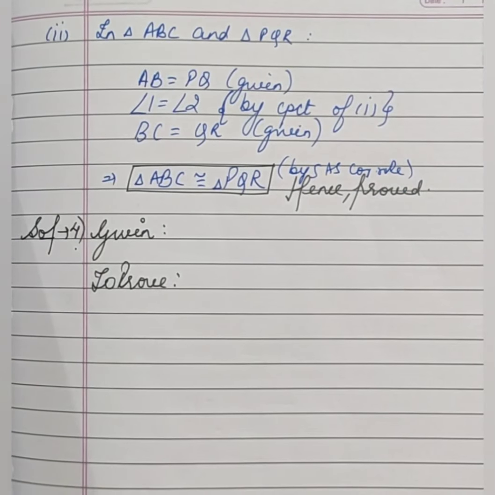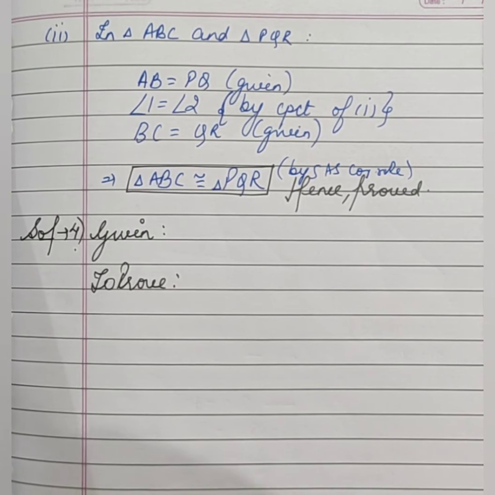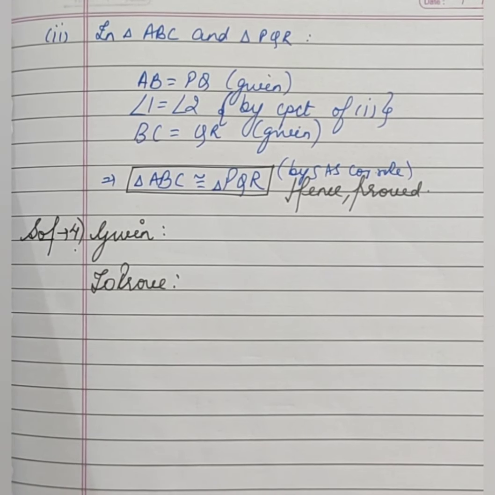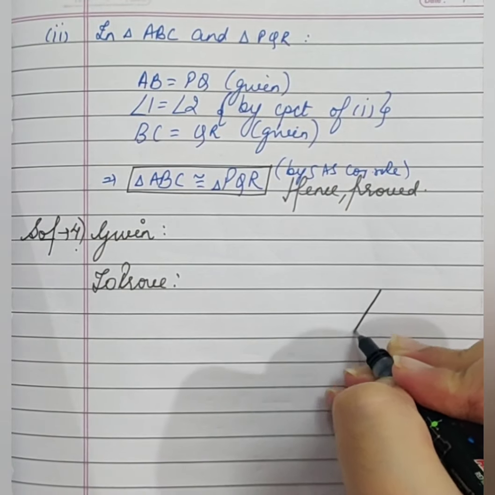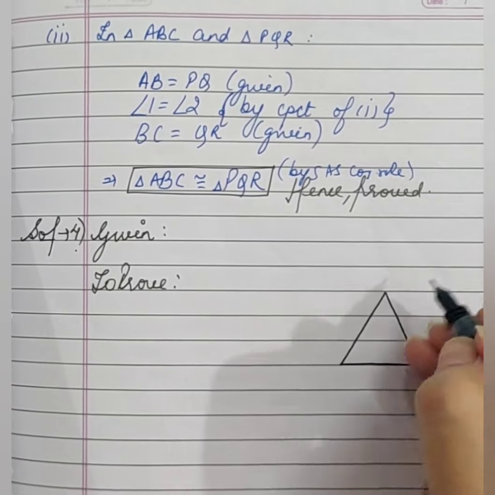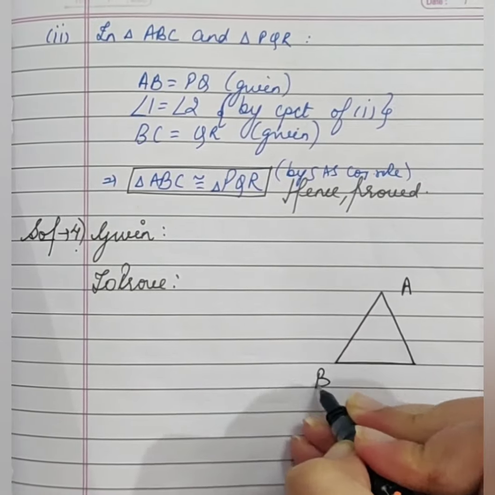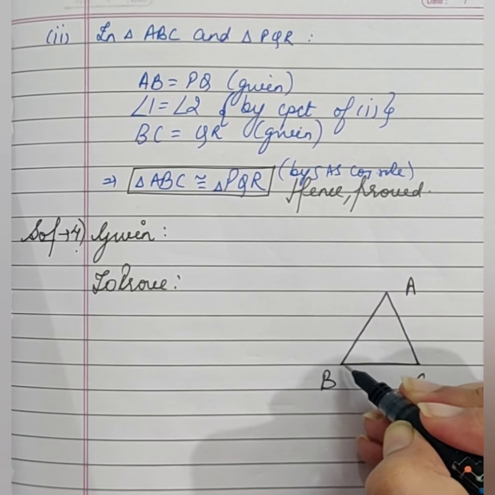Now let's look at the fourth question. BE and CF are two equal altitudes of a triangle ABC. So there is a triangle ABC. BE and CF are two equal altitudes.